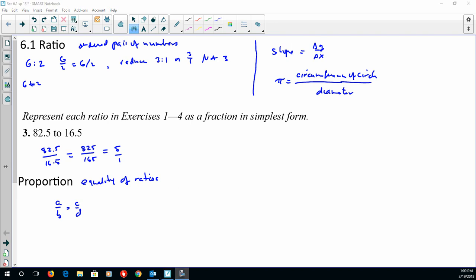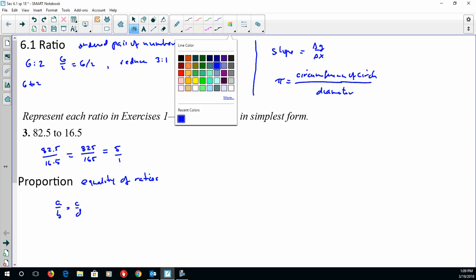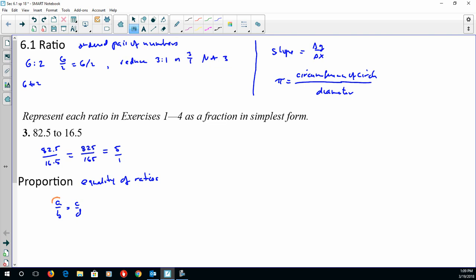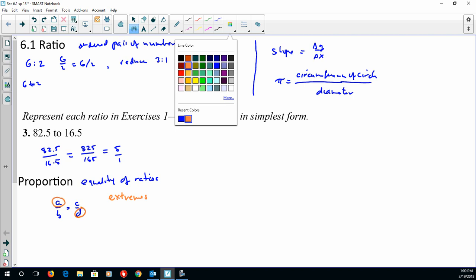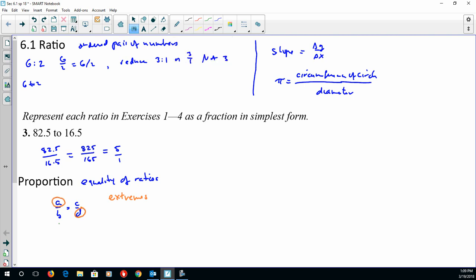When you're looking at a proportion, these positions have names. And it might not be something you've heard before because it's a little bit old-fashioned. But A over B, the fraction A over B equals C over D. The number A and the number D are called extremes. And the two other numbers, B and C, these are called the means.